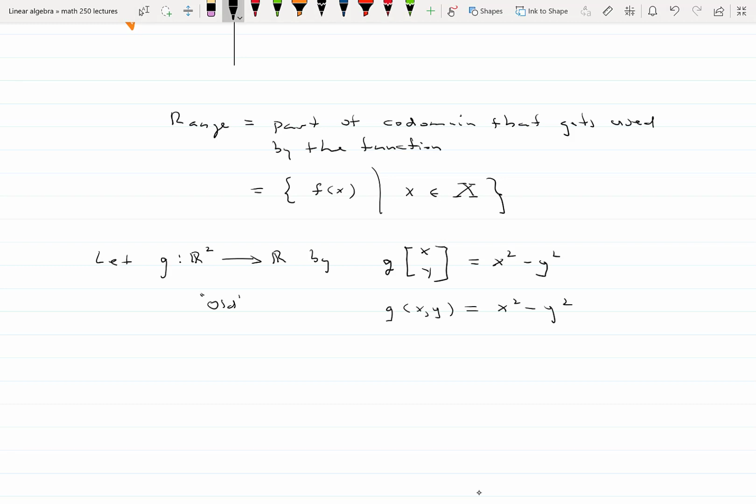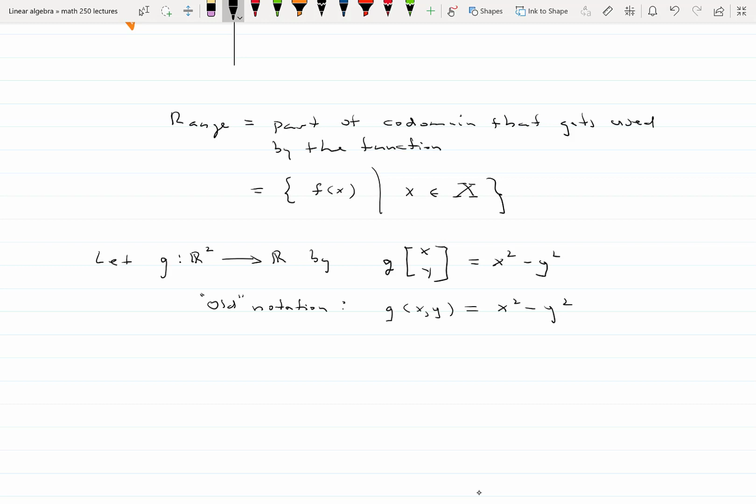Probably not any older than this notation, but for us it's old notation. If you haven't had Calc 3, don't worry too much about this. We did look at functions of more than one variable when we talked about exact differential equations.